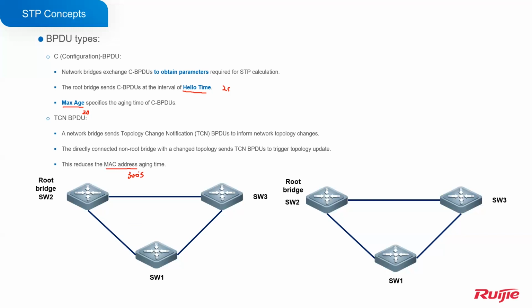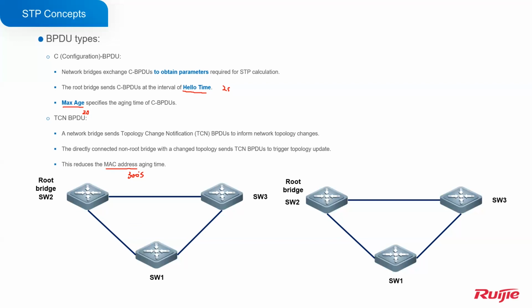So it may make the network unreachable. By using TCN BPDU, we can solve this problem. The root bridge in the network can force all the switches to refresh their MAC address table. In this way, we don't need to wait for about 300 seconds.